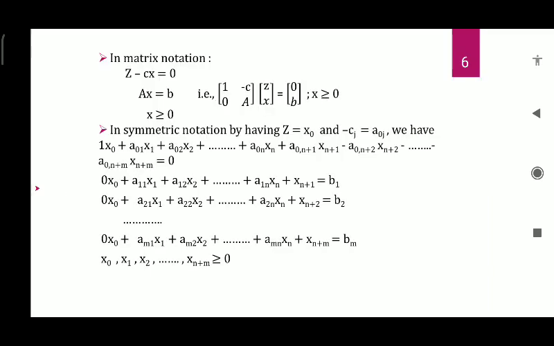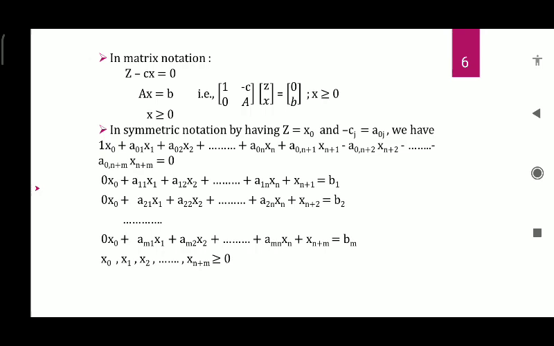So this system of linear equations can also be represented in the following notation. We call it matrix notation: z minus cx equal to 0, Ax equal to b, for all x greater than or equal to 0.